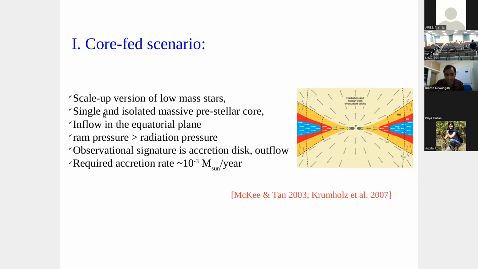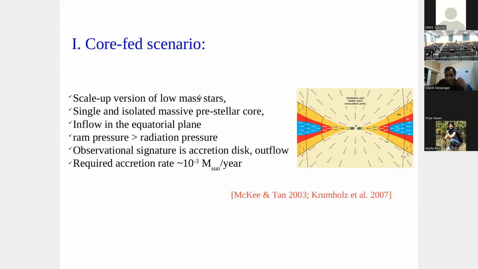But this model says you need a single isolated massive pre-stellar core. Remember, pre-stellar core. Before any signature of star formation activity, you should have a very massive, single isolated core, which will eventually form a massive star. So this is one of the important signatures of this scenario.